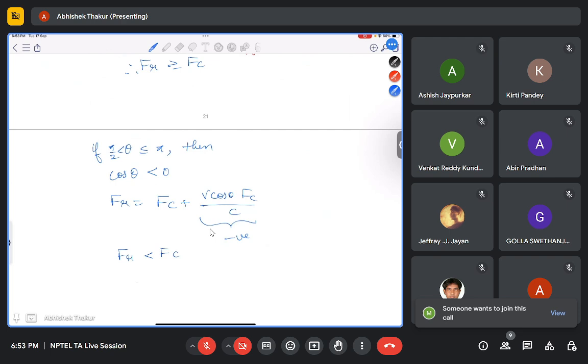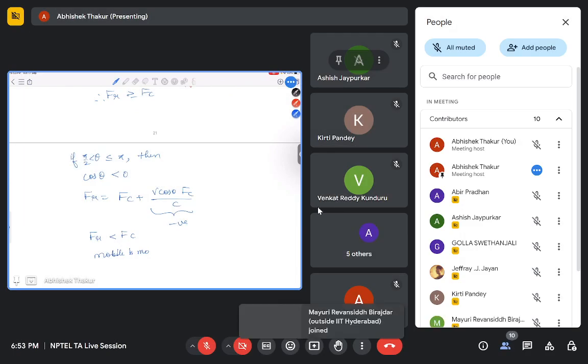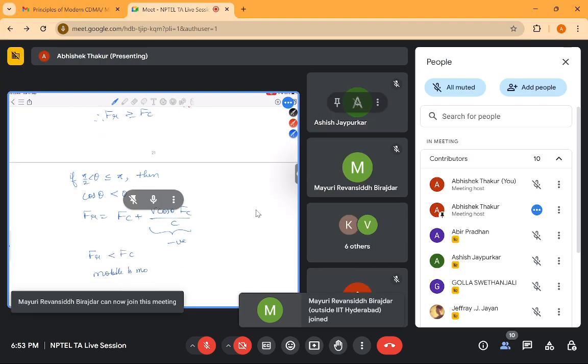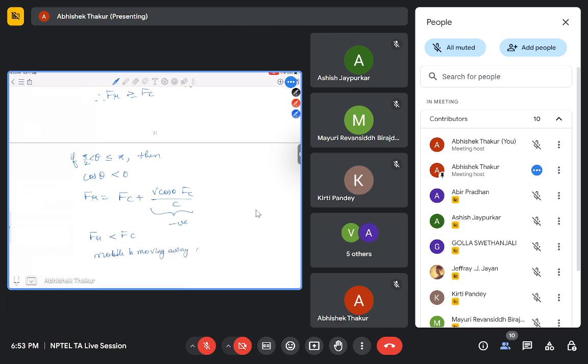So in this case, the mobile is moving away from the base station. Also we can see, let's suppose this is our base station and this is our user node.